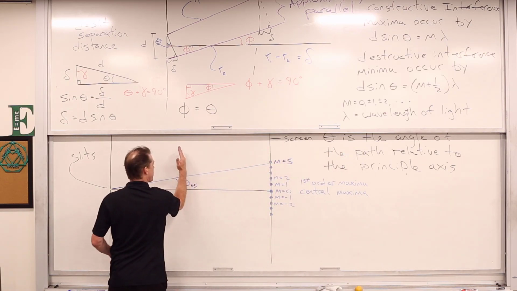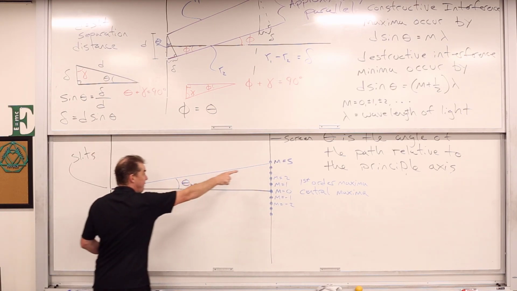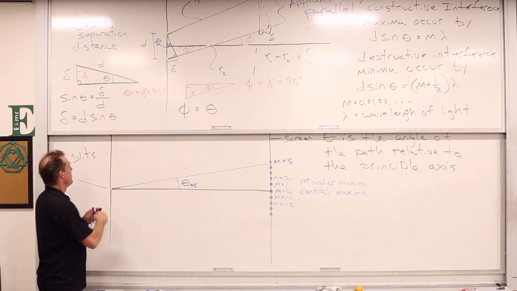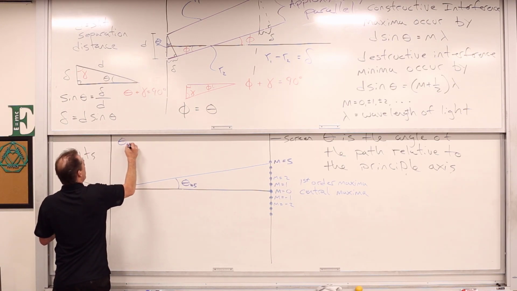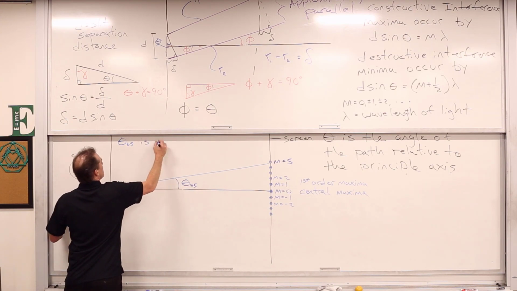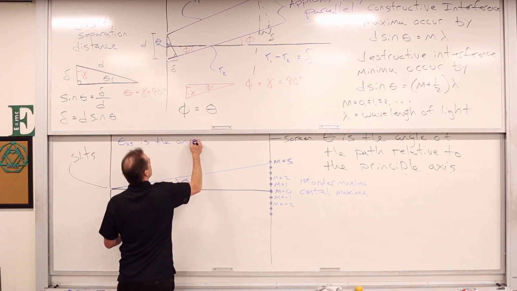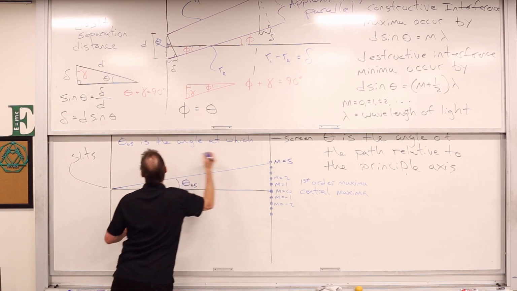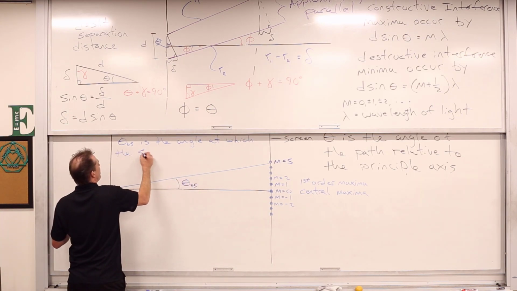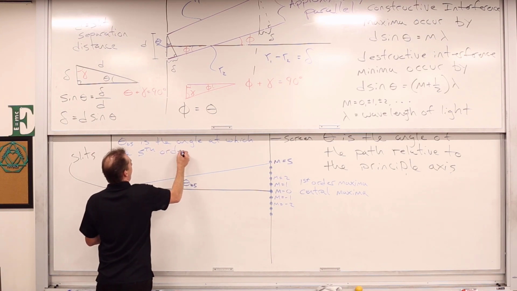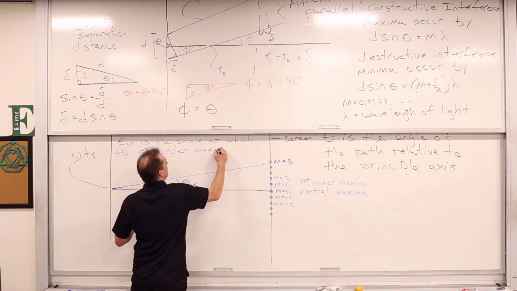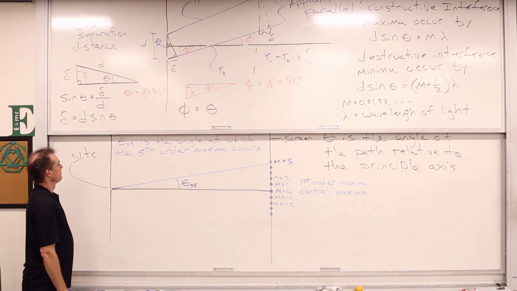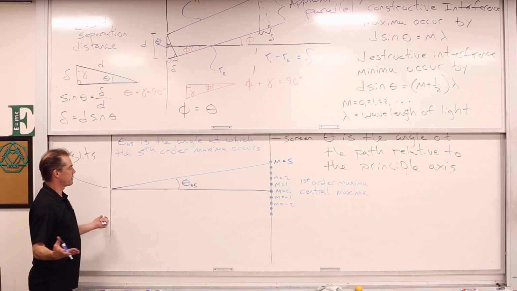Anywhere I put the screen along this path, I will have that m equals 5 maxima. That's how we dictate it. Theta b5 is the angle at which the 5th order maxima occurs, again relative to the principal axis.